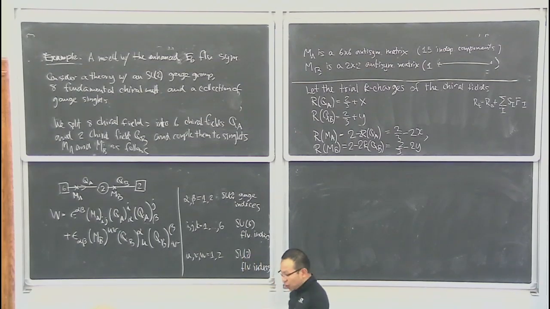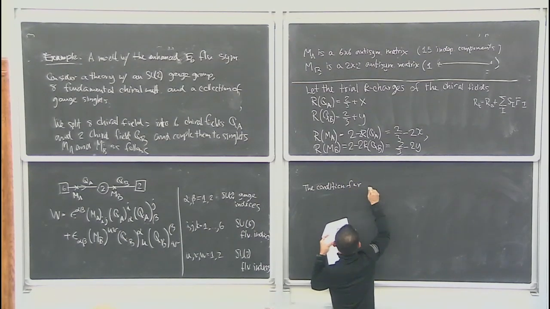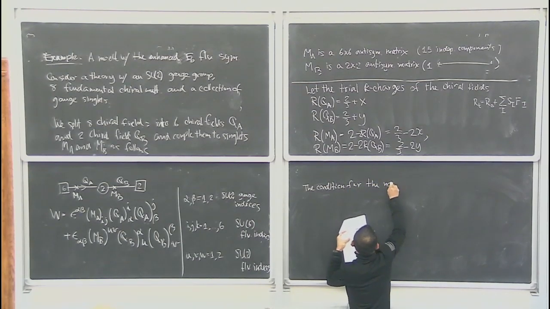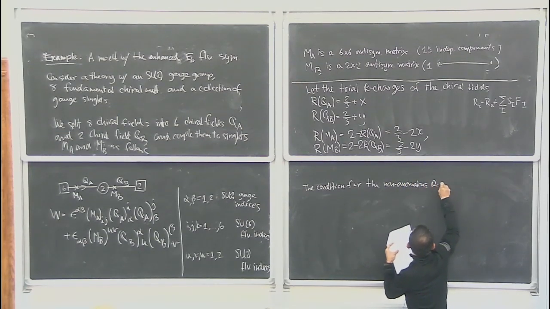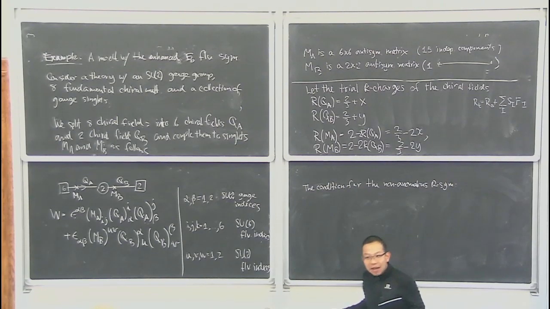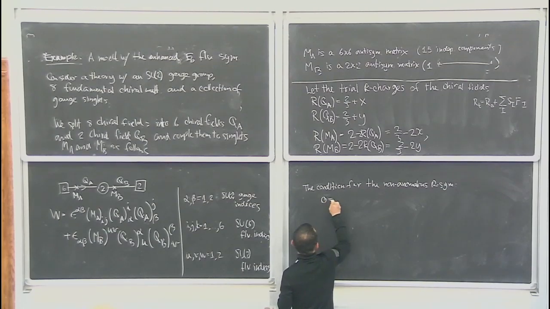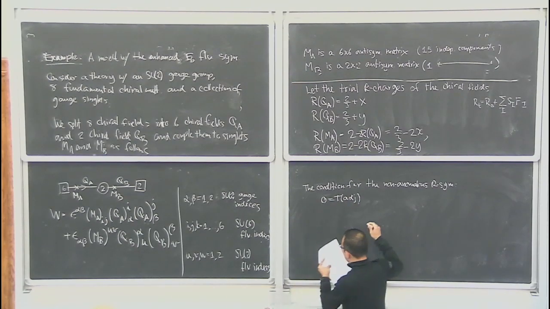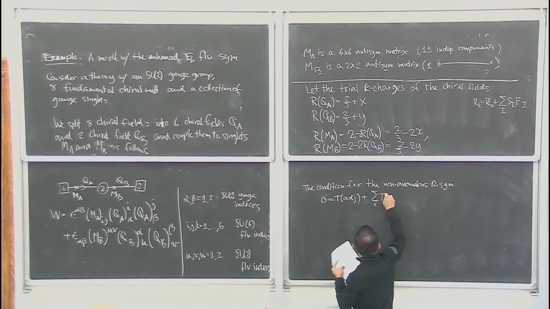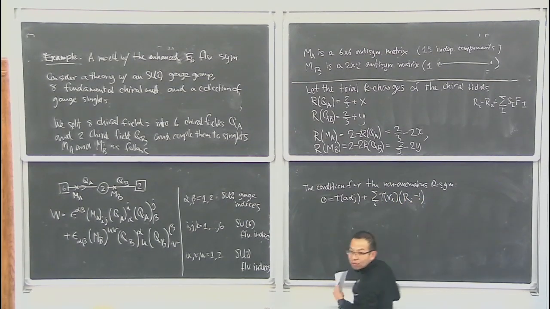But now I want to write down the condition for the non-anomalous symmetry, which is basically the zero beta function. Again, I have shown this: 0 equals T of the adjoint. There's one gauge group, SU2, plus the sum over i of T of Ri in the representation times the R charge minus 1. You remember this formula?